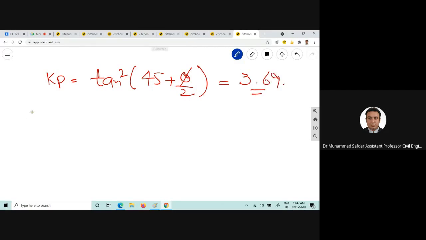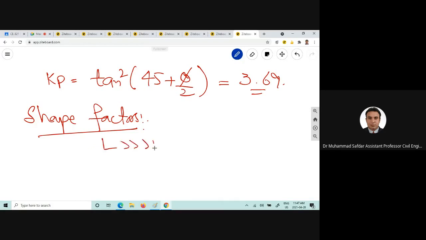Now, how about the shape factors? So it's kind of a strip footing because it's a long retaining wall. So for a long retaining wall, we already know that Sc is equal to Sq is equal to S gamma, that would be equal to 1. Agree here.